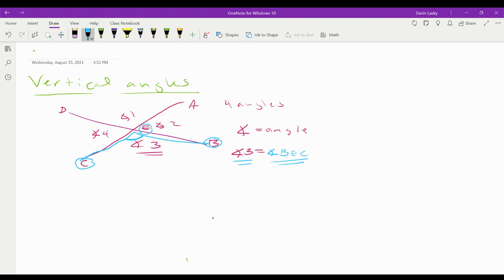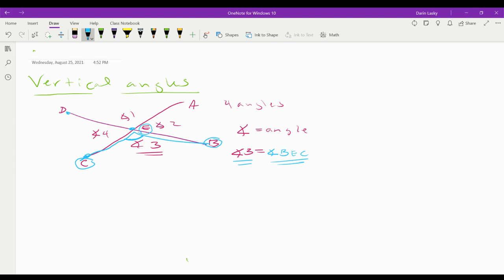Angle 1 would be AED. Angle 4 would be CED, or it could be DEC. It's the idea that you're going from one point to another point to another point. So that's how you label your angles.